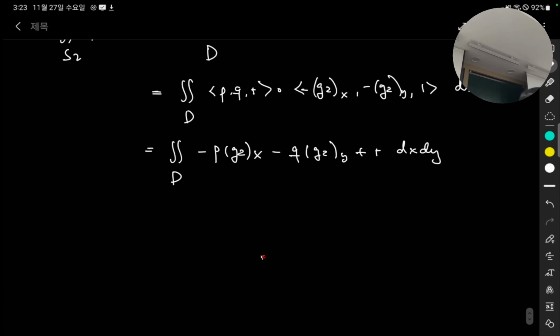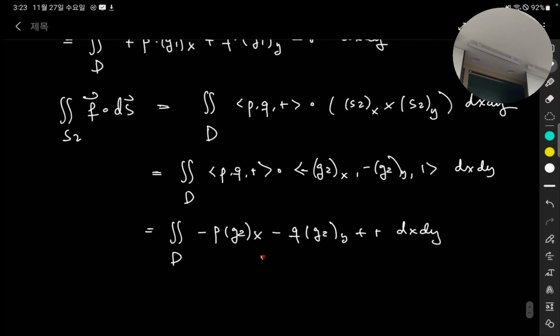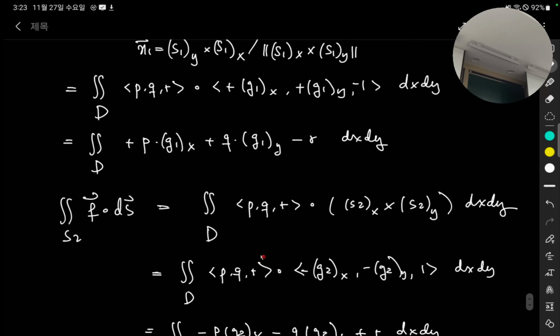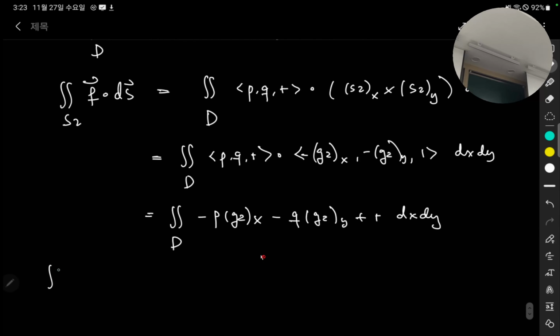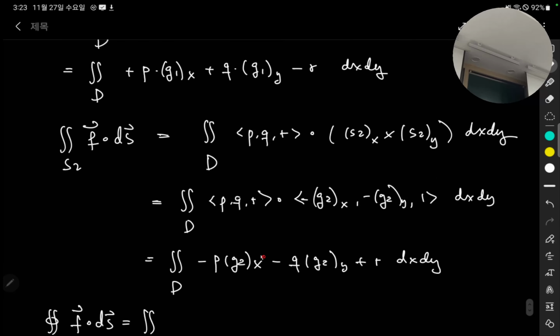Okay, so let's combine these two. I'm going to add the integration over S1 and S2 together. So overall, if I integrate over S of this vector field, this is going to be the same integration.